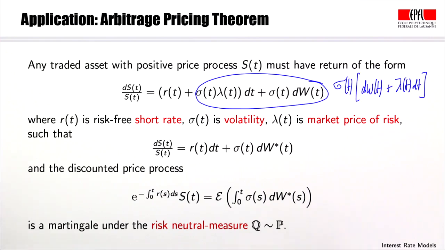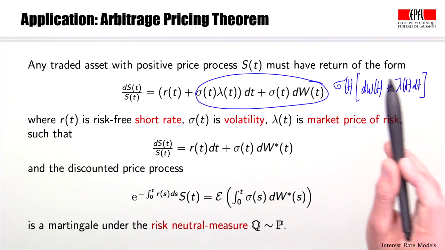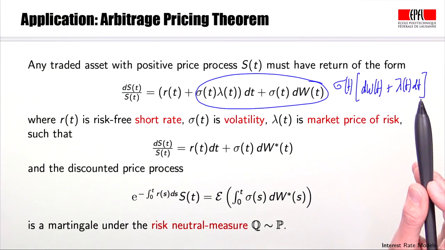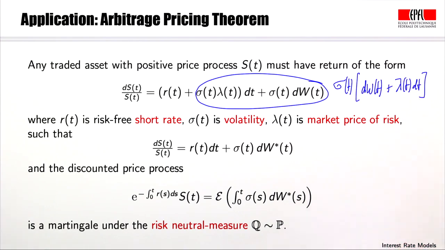We use the equivalent probability measure Q as shown on the previous slide in the Girsanov theorem, where we learned that this is a Brownian motion W star under the equivalent measure Q. We can re-express the asset price return as follows in terms of W star. We now see that under the equivalent measure Q, the expected rate of return is the risk-free rate r, while the volatility remains the same.